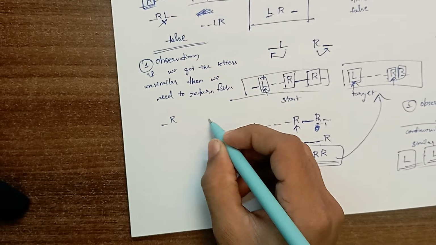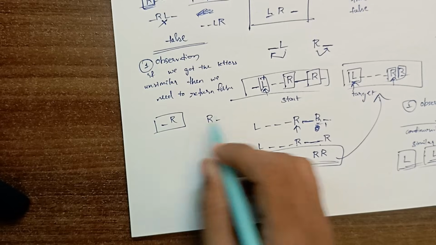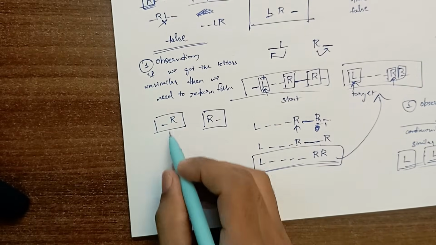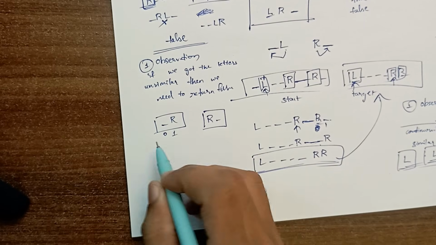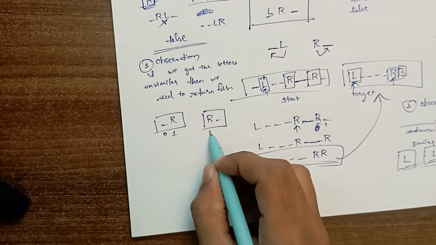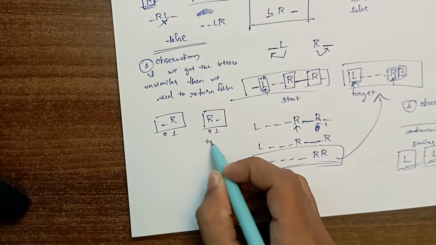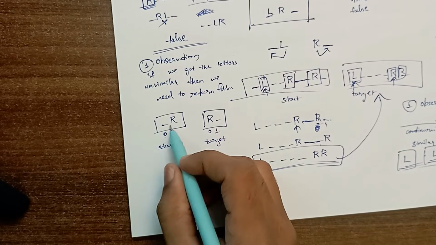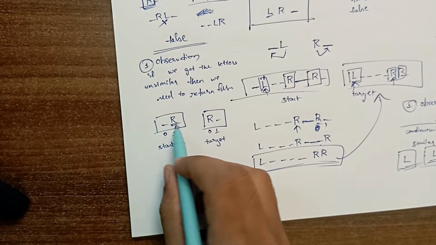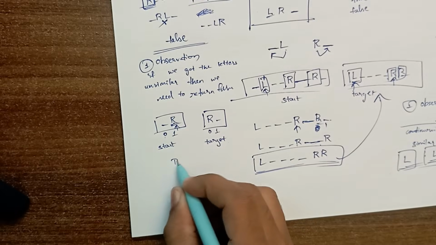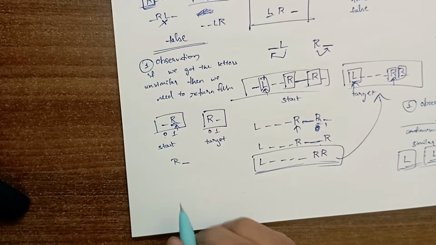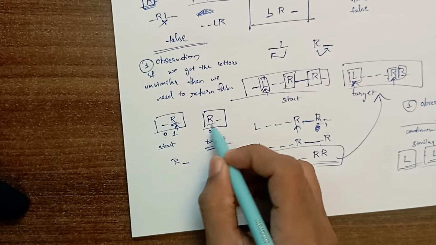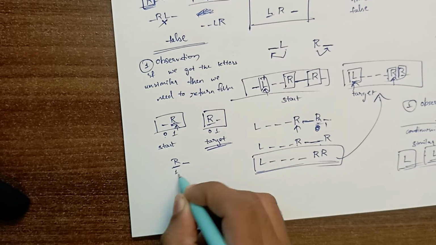Underscore R R underscore. This is the start and this is the target. We are at positions 0 and 1 here, and 0 and 1 there. Now we got R at 1. Then this R can be moved to the right. That means if you clearly observe in the target string, R should be after this one.